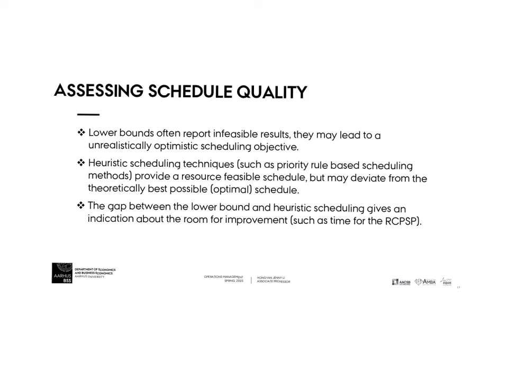From these two lower bounds, we can see the lower bounds often report infeasible results. They may lead to an unrealistically optimistic schedule objective. The heuristic solutions we proposed provide a feasible schedule, but still may not be optimal.